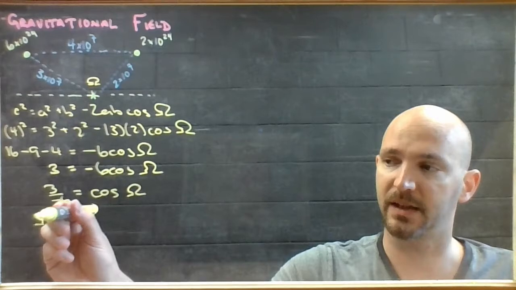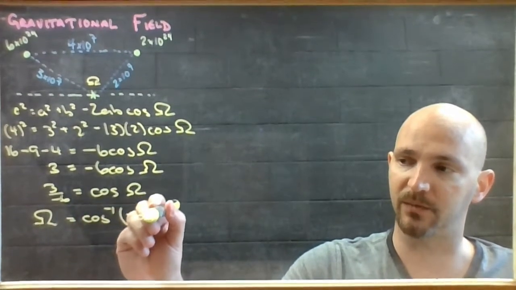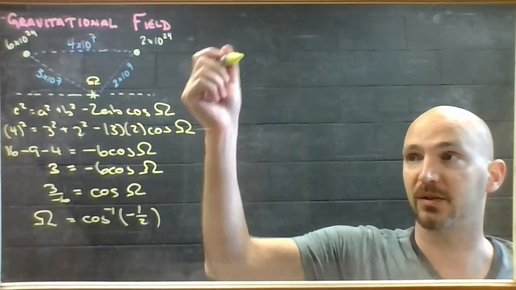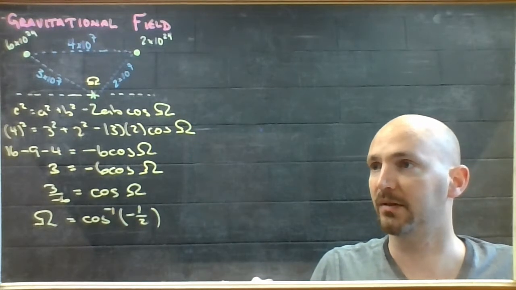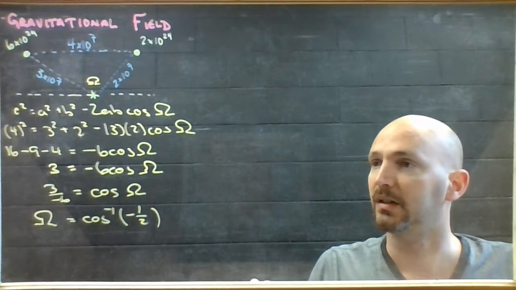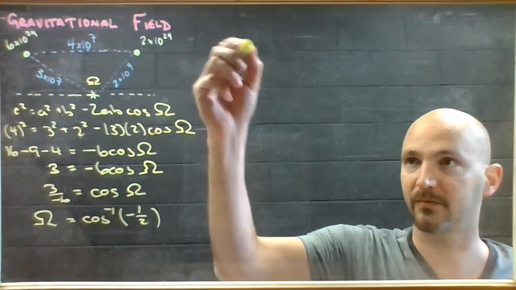So omega then will be the arccos of negative 1/2. Okay, now 1/2 is a special triangle. So let's see, did that work out right? 4 squared, 2 squared, 2 squared. 6, 9, 4 is 13, 3 divided by 6, yep, it's all good. Okay.